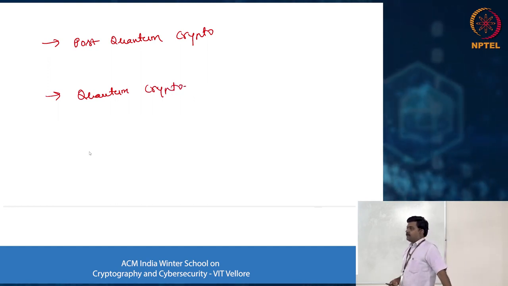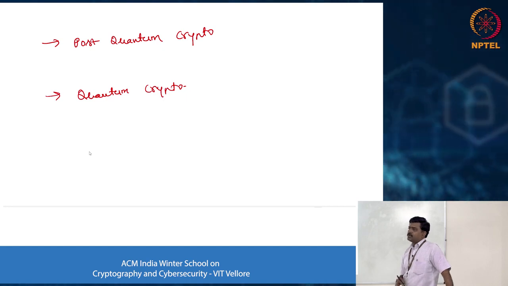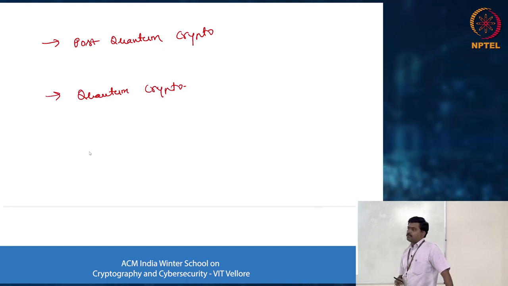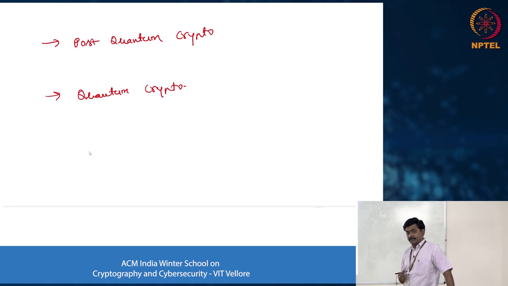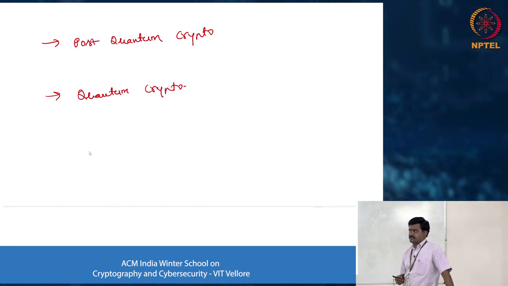Post-quantum is all about how to make quantum resistant algorithms. That means I have the Shor algorithm breaking my public key. How do I resist it? I have the Grover algorithm, which is going to impact my hashes and symmetric algorithms. How do I resist it?